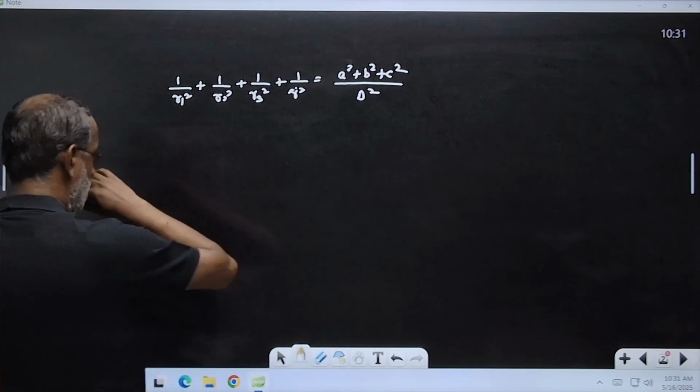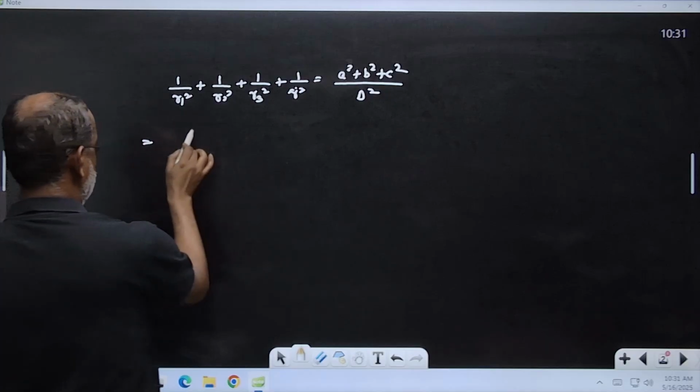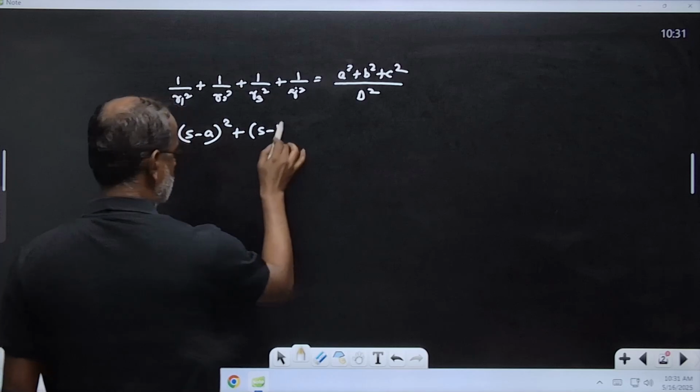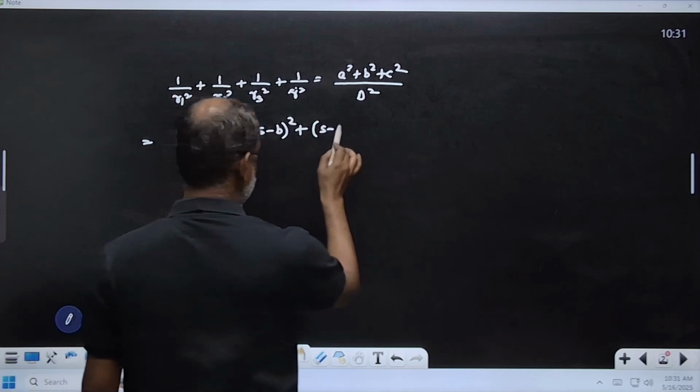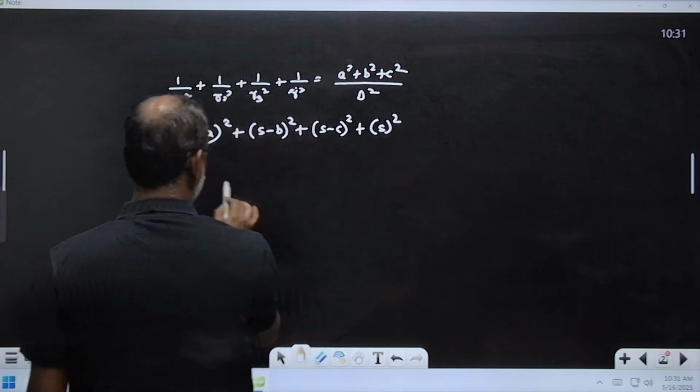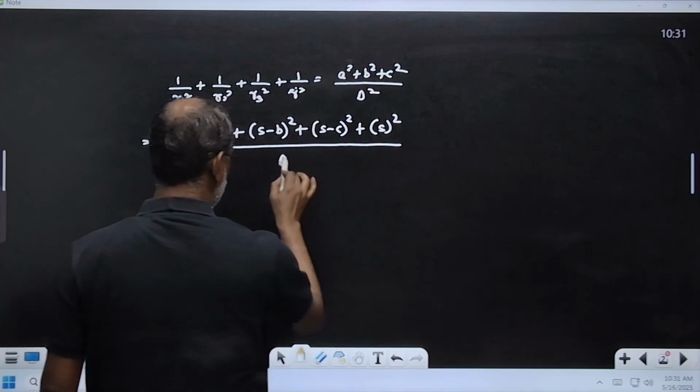You can see this is s minus a whole square plus the others upon delta square.